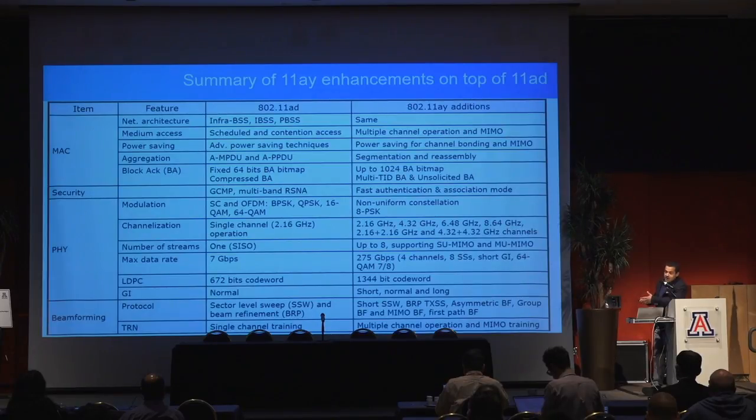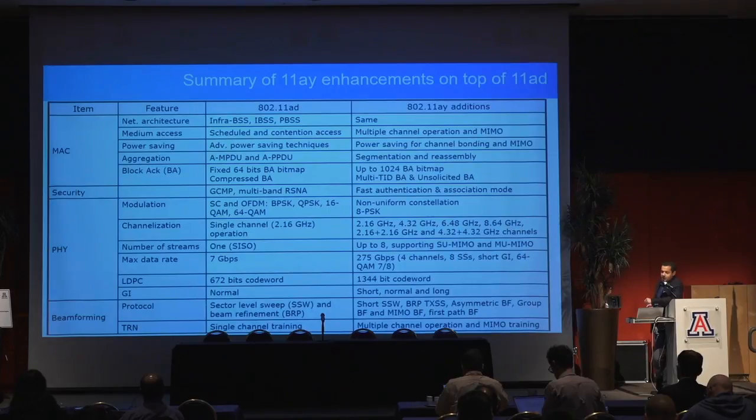As you can see, it's a pretty high data rate theoretically when you go to the maximum configuration of 4 channels, 8 spatial streams, short GI, and the highest modulation and code rate. Now, it's theoretical. We all know the caveats around that. In practice, we really don't get to those rates.